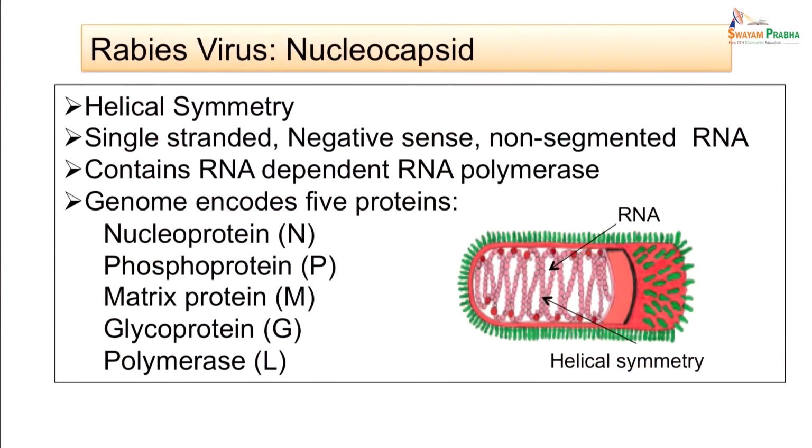The nucleocapsid has helical symmetry and the genome consists of single stranded negative sense non-segmented RNA. It also contains RNA dependent RNA polymerase. The genome encodes 5 proteins: nucleoprotein N, phosphoprotein P, matrix protein M, glycoprotein G and polymerase L.